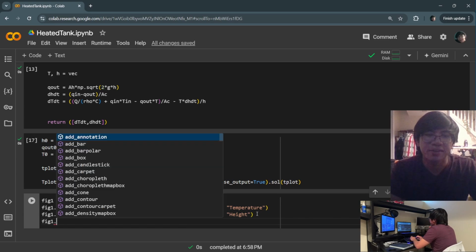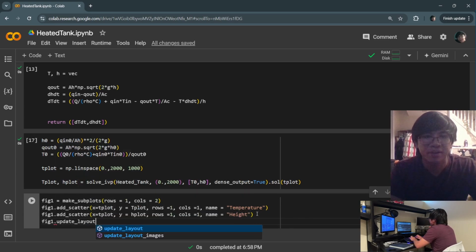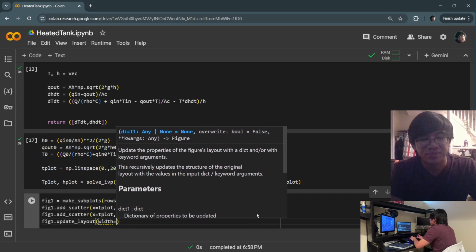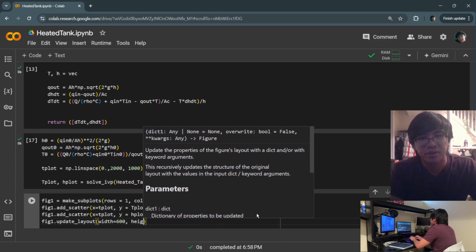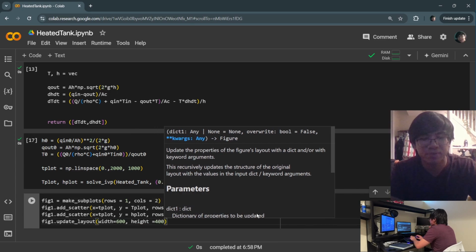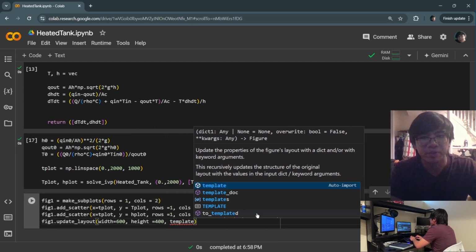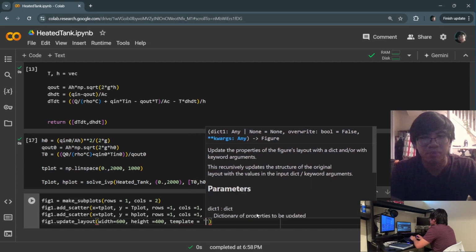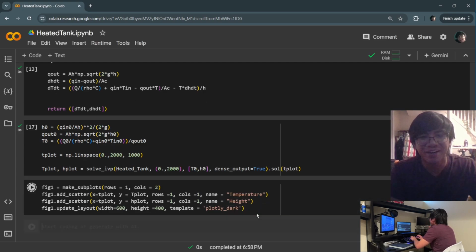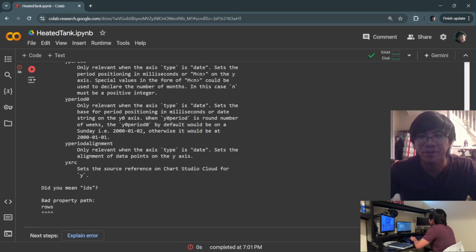And I wonder if I can do this first try. Big one is an update layout, I think. This is more for me, just some default settings I like to put in: changing our width and height to some specified pixels, and then our template. Is it plotly dark? Please be right. Oh boy, what happened?